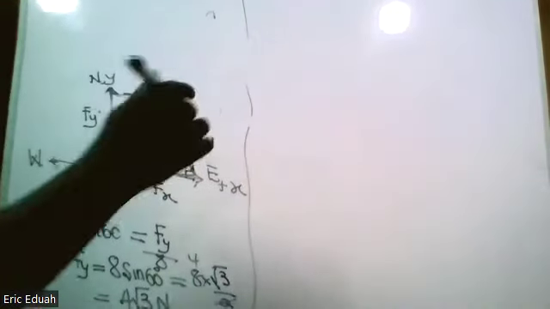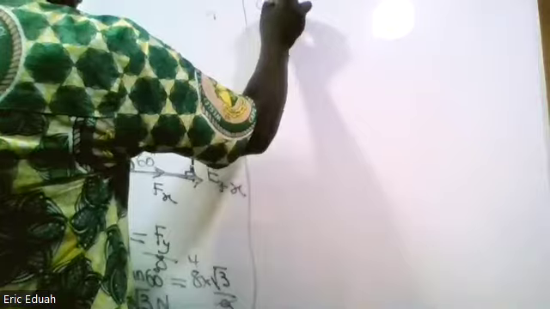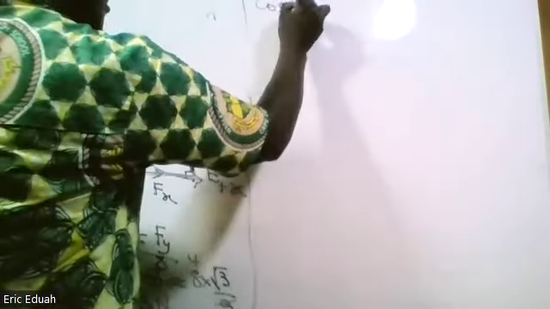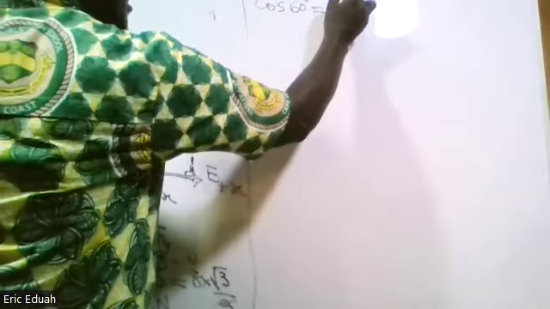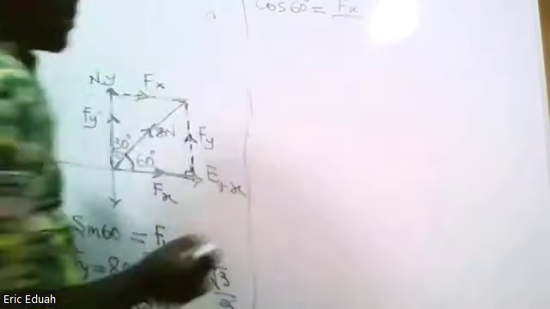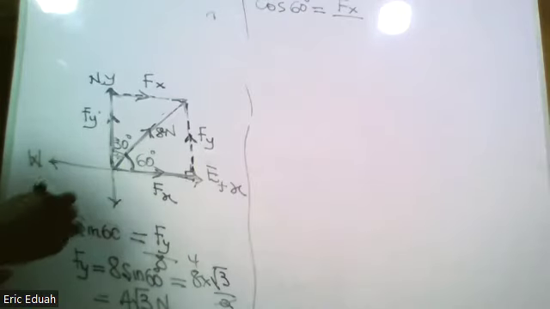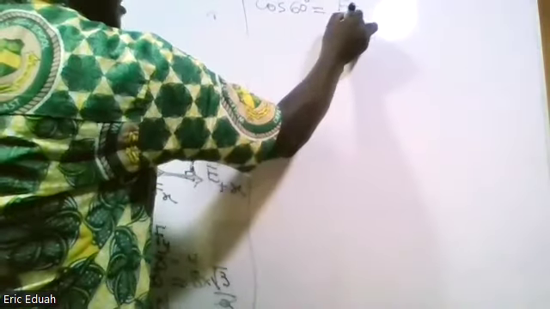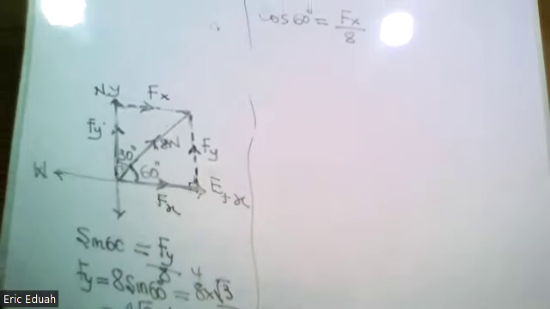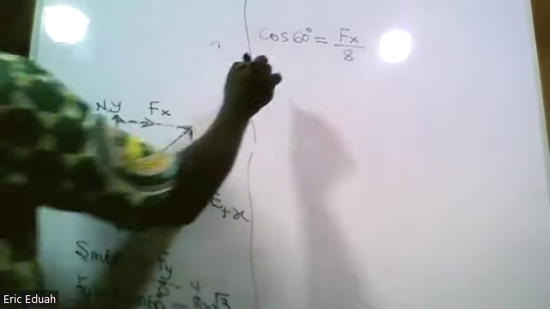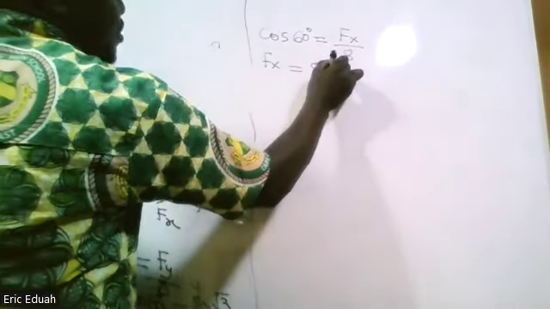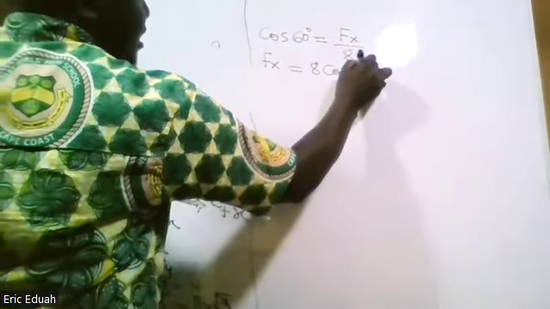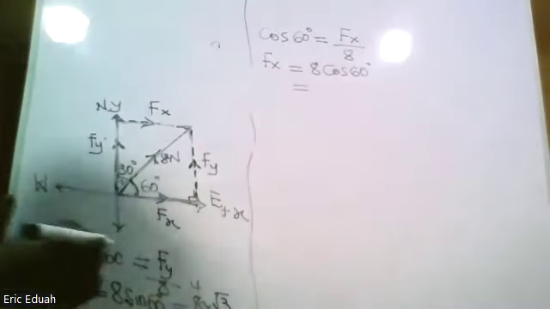Good. So if I take the cosine of the angle, cos 60, cos is adjacent Fx over hypotenuse 8. So making Fx the subject, I have Fx equal to 8 times cos 60. Cos 60 is half.